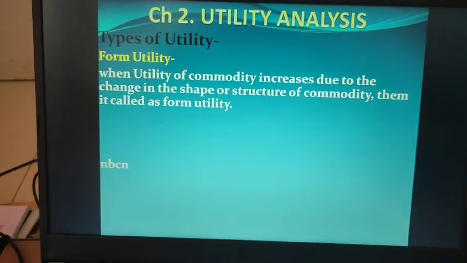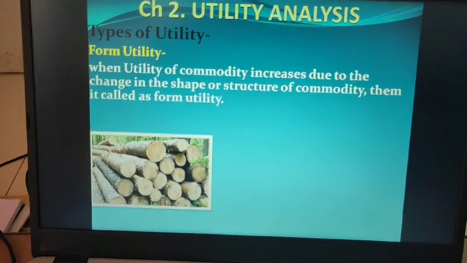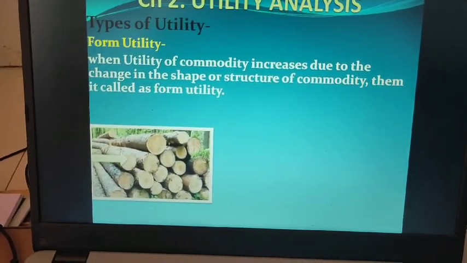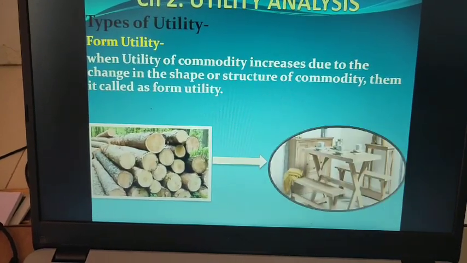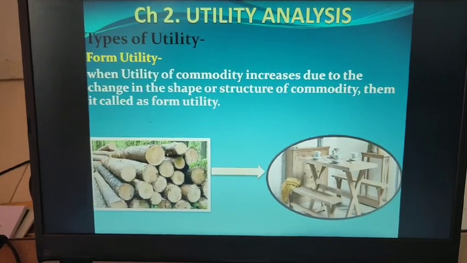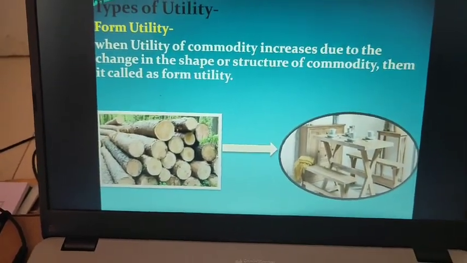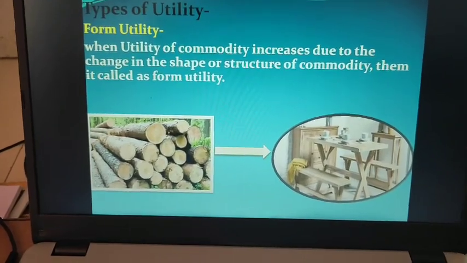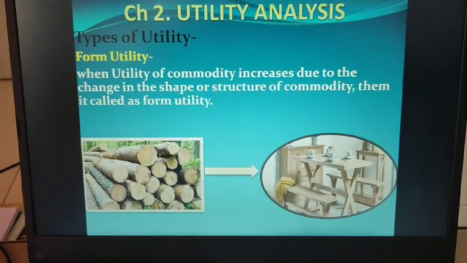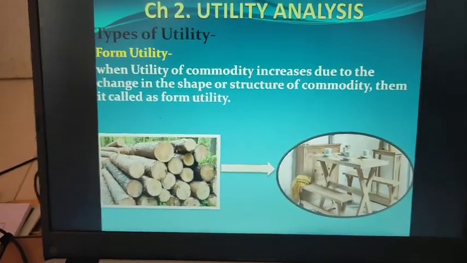Let's take one example. As wood, I have some sheets of wood. When I convert it into furniture, I will get more utility out of that. So the utility of this wood will increase when I change its form, and I convert that wood into furniture.